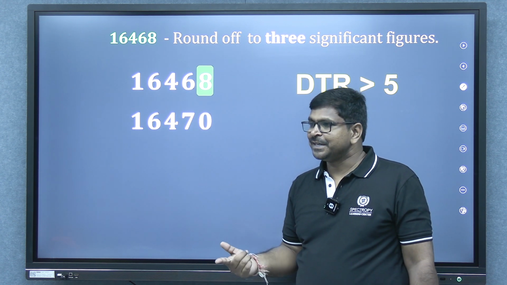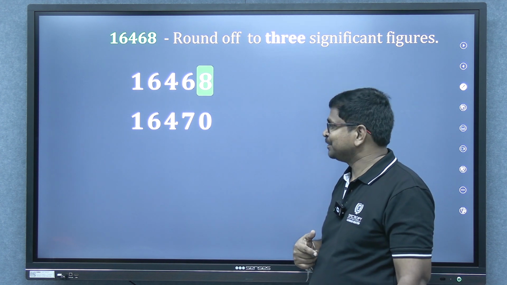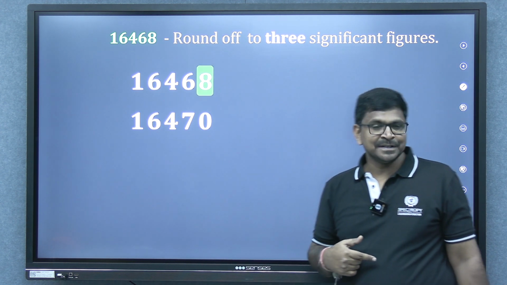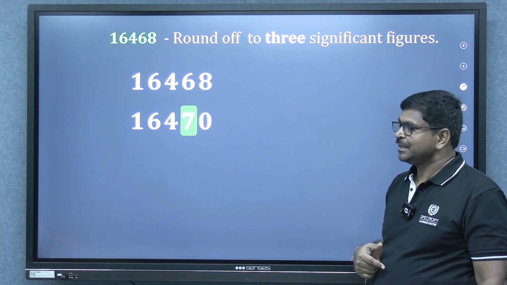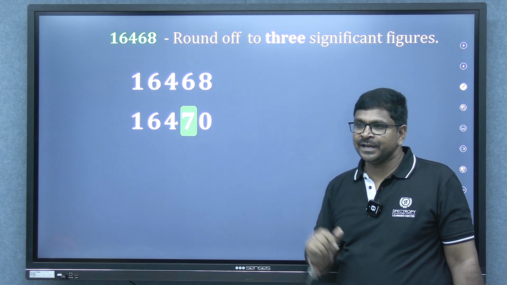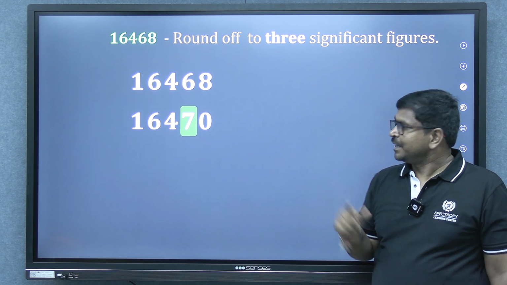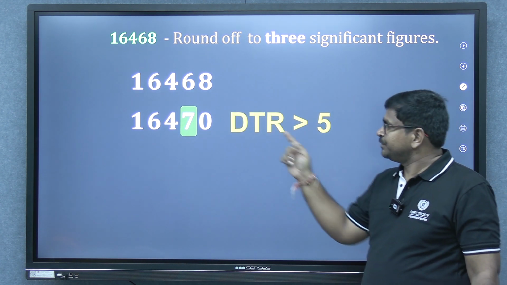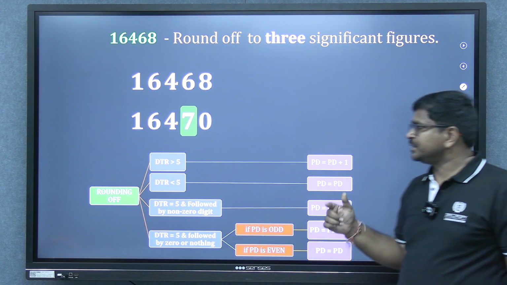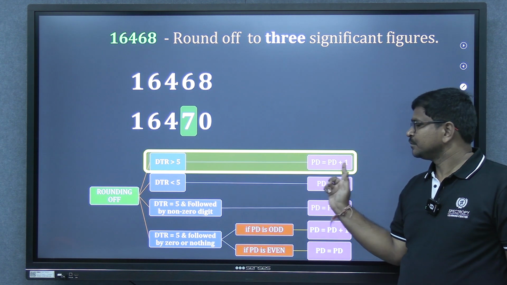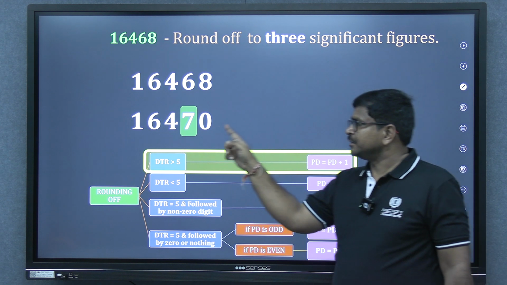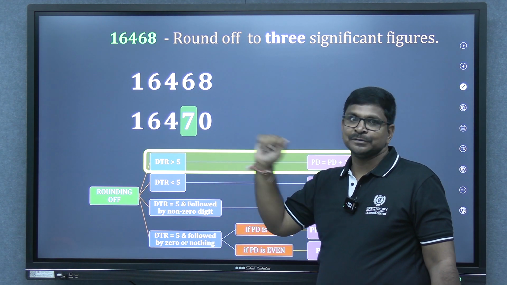Now what is the DTR? 7. Is this 7 greater than 5, less than 5 or equal to 5? Greater than 5. If you have DTR greater than 5, what is the rule? PD equal to PD plus 1. What is PD here? 4.